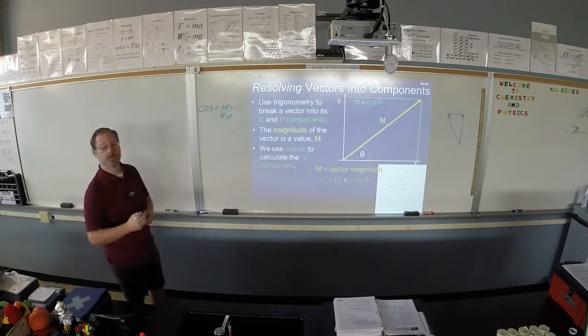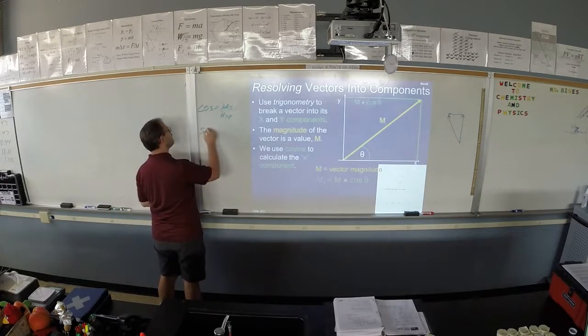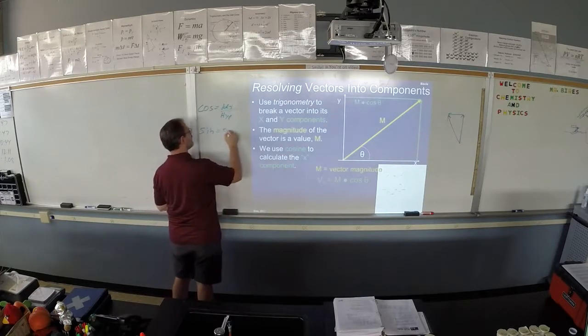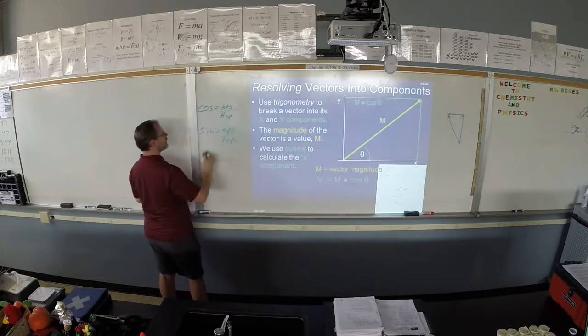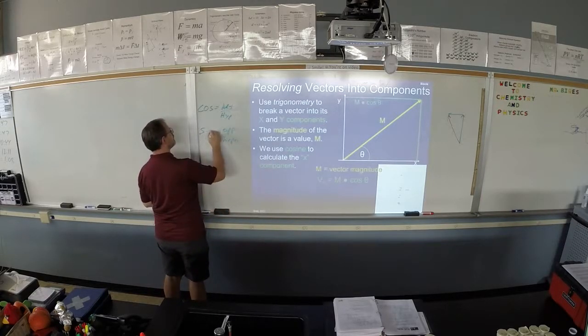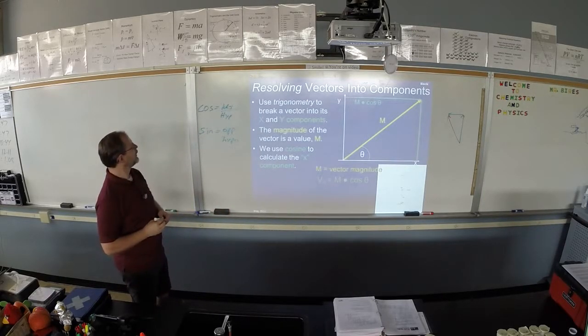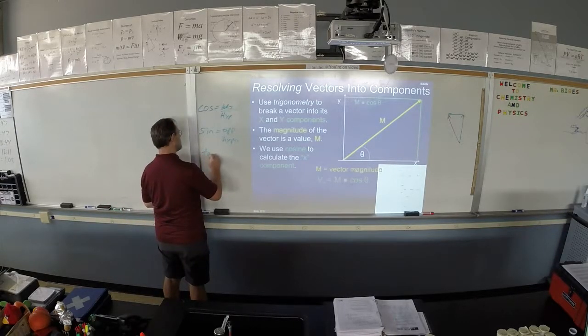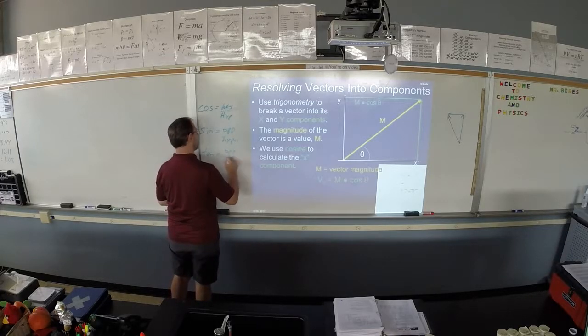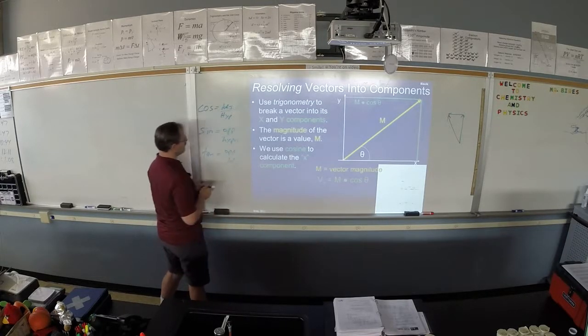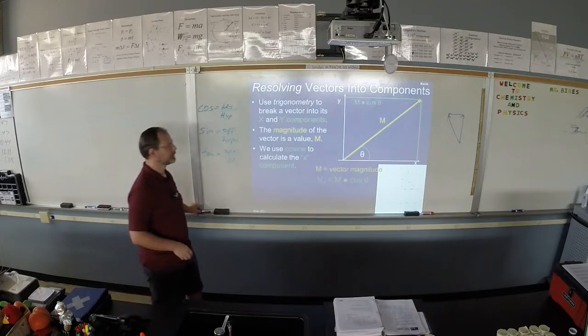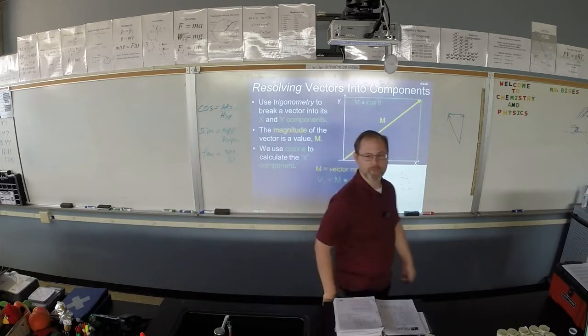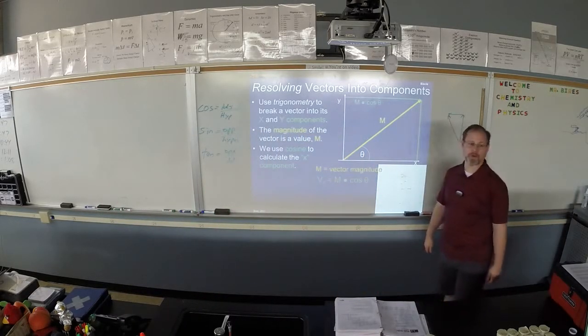And what is sine? Opposite over hypotenuse. We're all agreed that it's opposite over hypotenuse? Okay. And if you want to use the tangent, what would be tangent? Opposite over adjacent. Okay. So quick review of trigonometry.